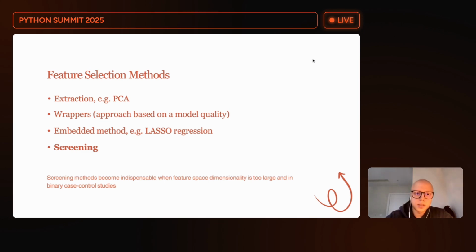Then the second one is wrappers. That's an approach based usually on some model that we know we are going to build, and we test different subsets of features one after another in some way, greedy, for example, and we check which gives the best quality for the model that we are going to build.